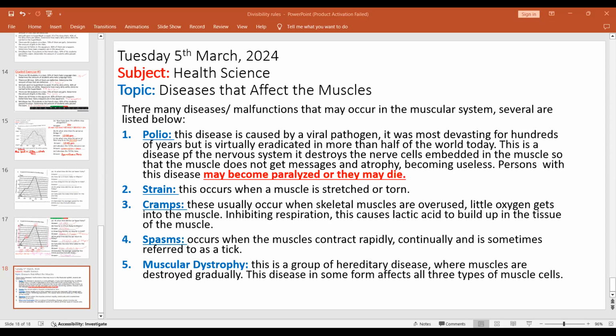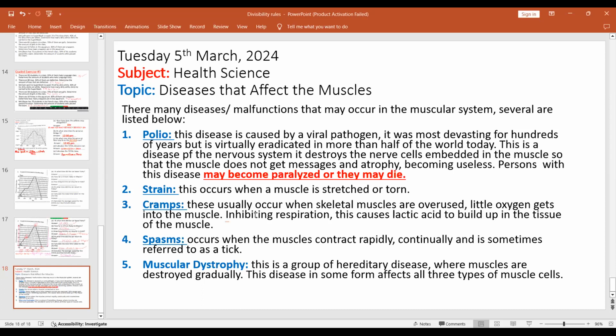All right. So it's a progressive muscular degeneration. So it happens over time, and over time the muscles get destroyed, they become weak, and you end up not being able to stand properly.